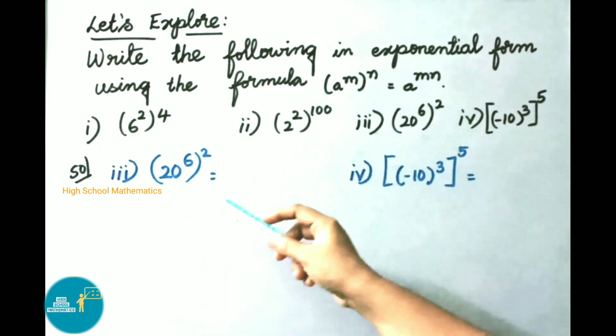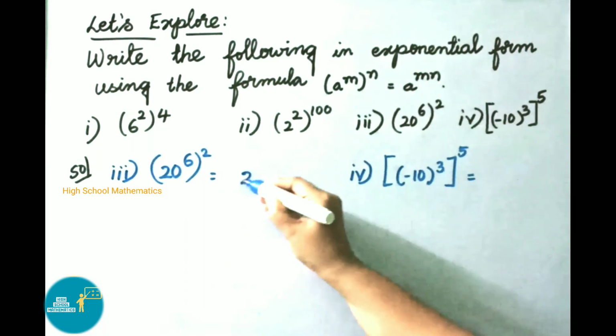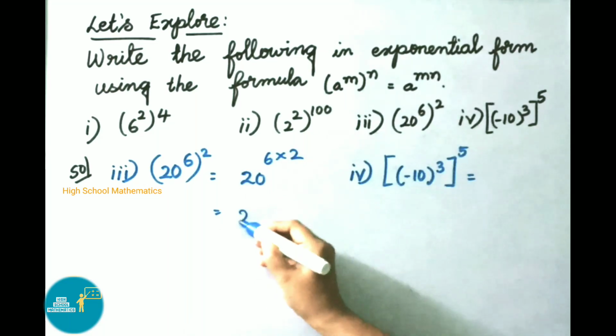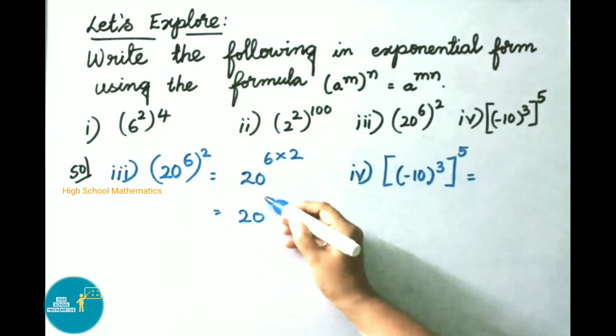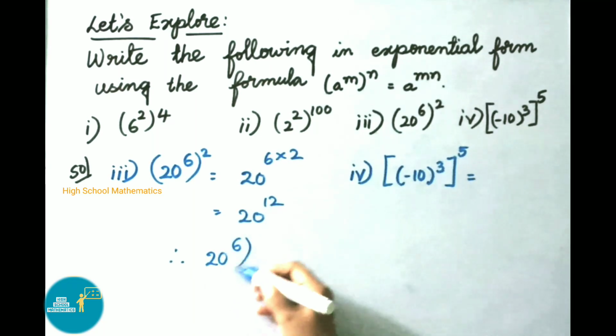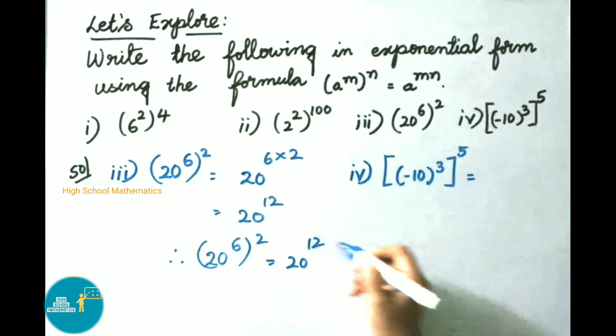See now third sum. 20 power 6 whole power 2, that is 20 power 6 into 2. That equals to 20 power 6 2s are 12. Therefore 20 power 6 whole power 2 equals to 20 power 12.